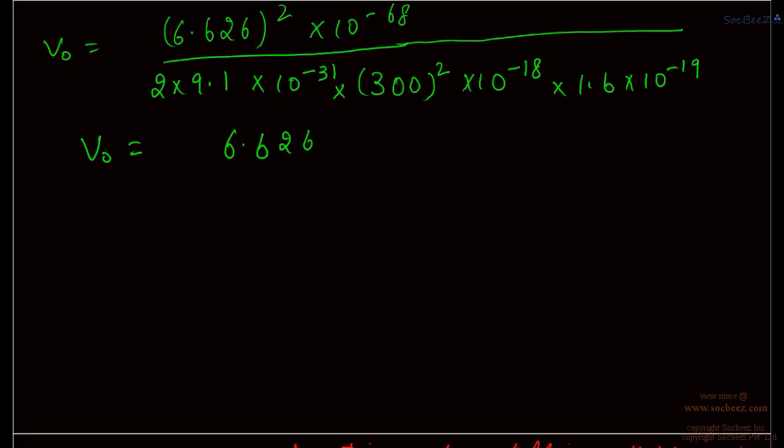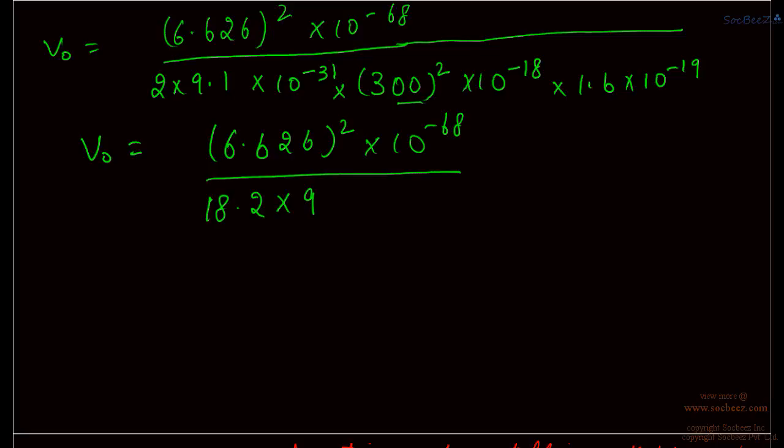So the value of V naught is 6.626 squared into 10 raised to the power minus 68 divided by 18.2 into 9, where we are taking out 2 zeros from here, into 1.6 into 10 raised to the power minus 31 into 10 raised to the power minus 14 into 10 raised to the power minus 19.